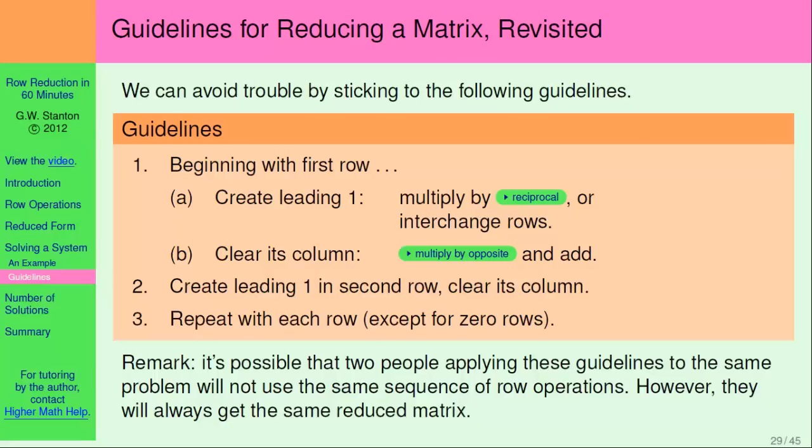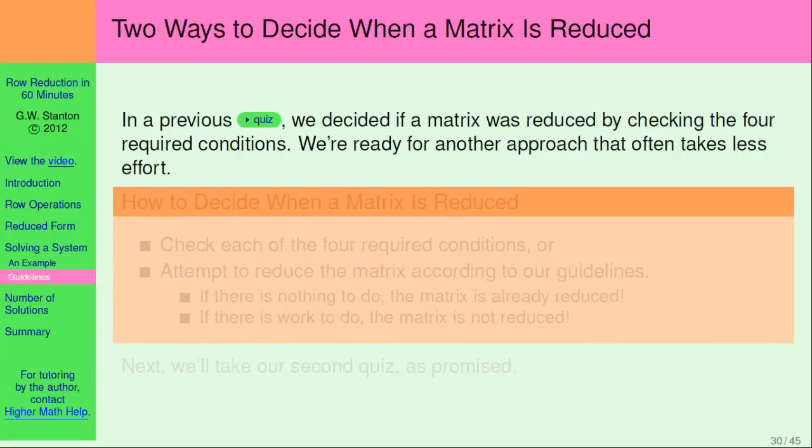Okay, we mentioned at the end of the previous video that there is an easier way to decide when a matrix is reduced. Before, we just checked each of the 4 conditions in the definition of a reduced matrix.